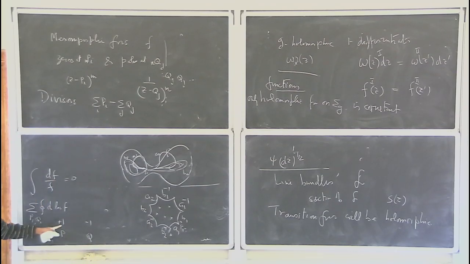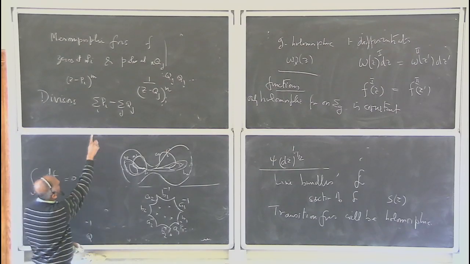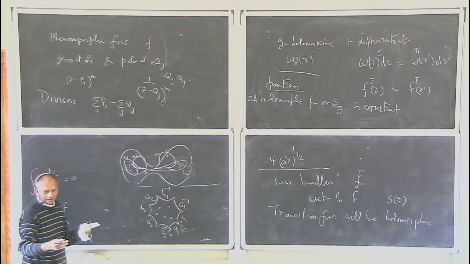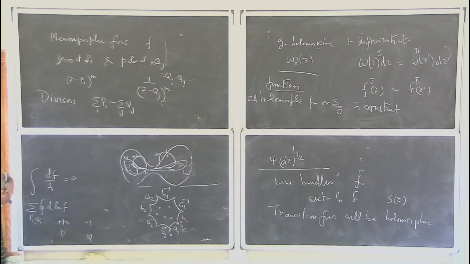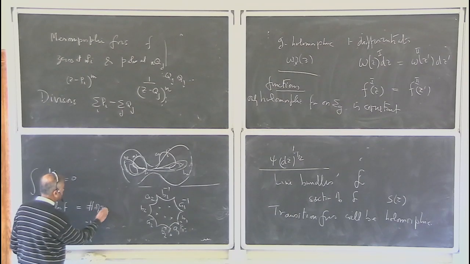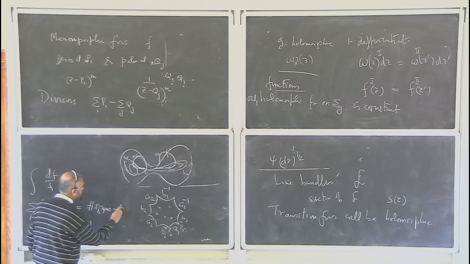If it is, say, some mth order zero, I will get m. But I already mentioned that I will put that m here, or repeat p_i m times. Okay, I will just keep it like that. So what it is counting is the sum of all the zeros minus the sum of all the poles, and that should be equal to 0. So this will be equal to the number of zeros minus the number of poles.